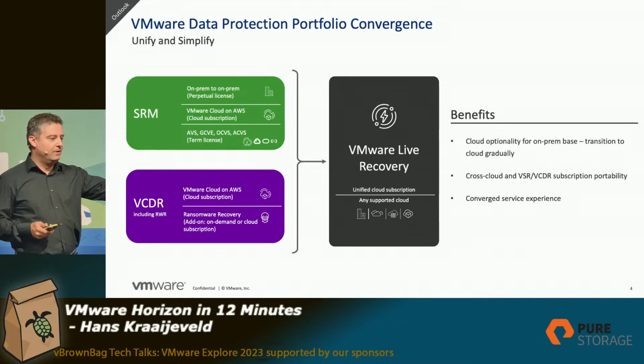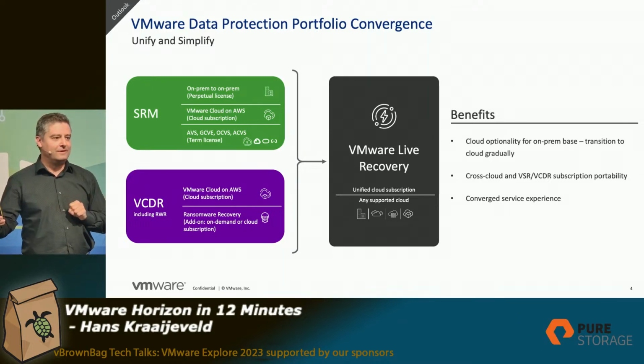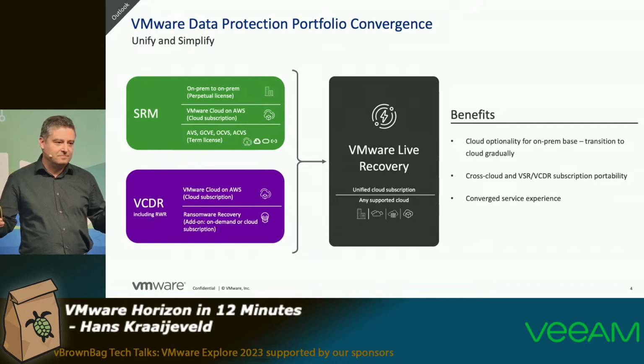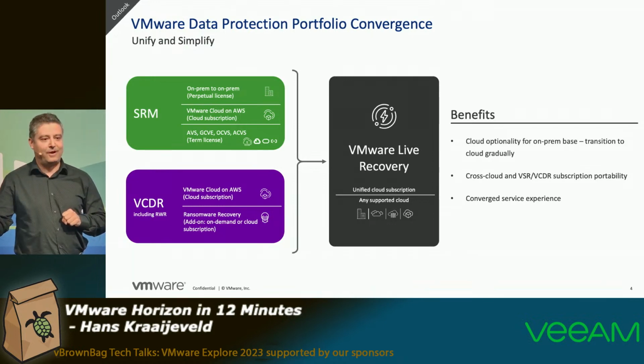You can protect to Site Recovery Service on AWS up to 1-minute RPO. You can protect with VCDR, or you can just keep protecting your SRM with array-based replication in your private data center.